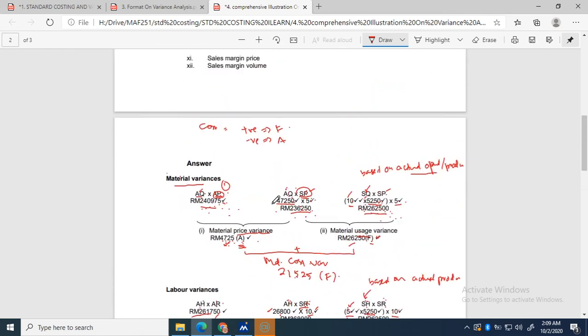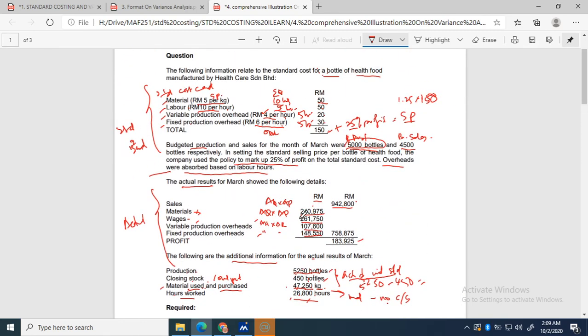Based on the question, actual price is not given, but we can get it from the actual result here. Actual revenue divided by units gives the selling price per unit.